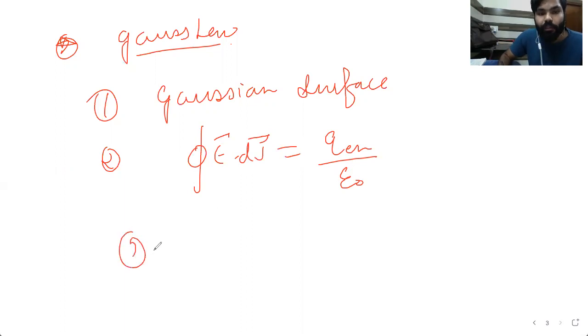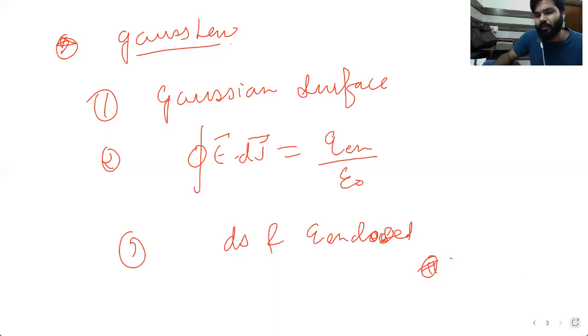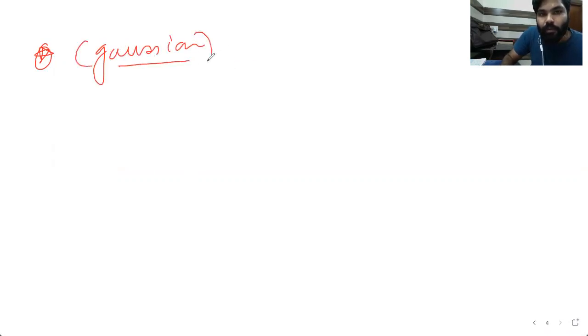And the third and last step for applying Gauss law will be finding ds and Q enclosed. Now let me explain what is a Gaussian surface so that I can begin with how to apply Gauss law.